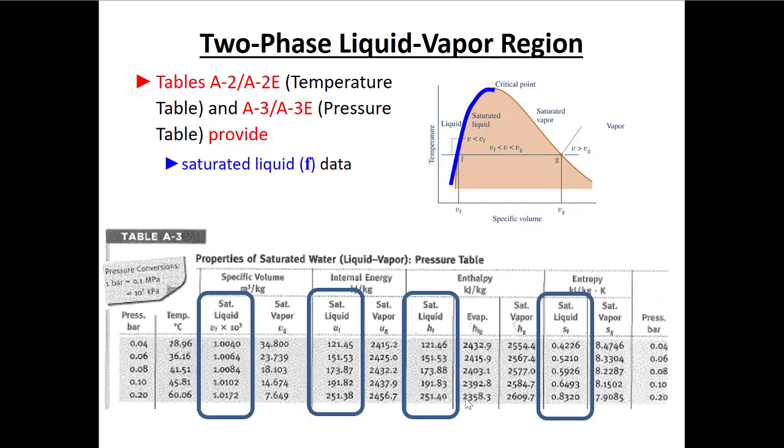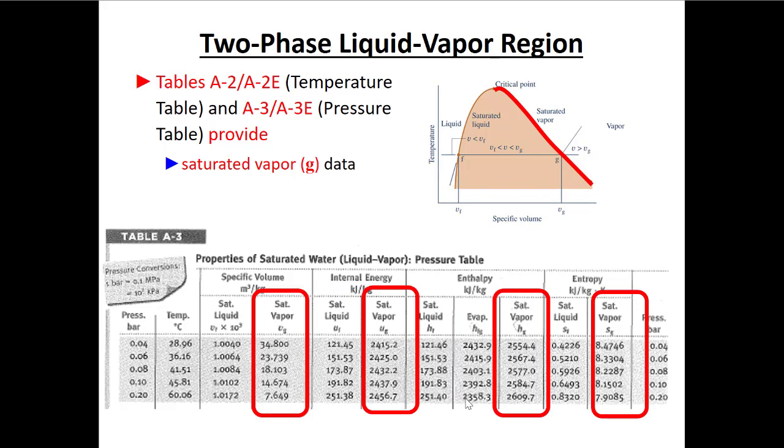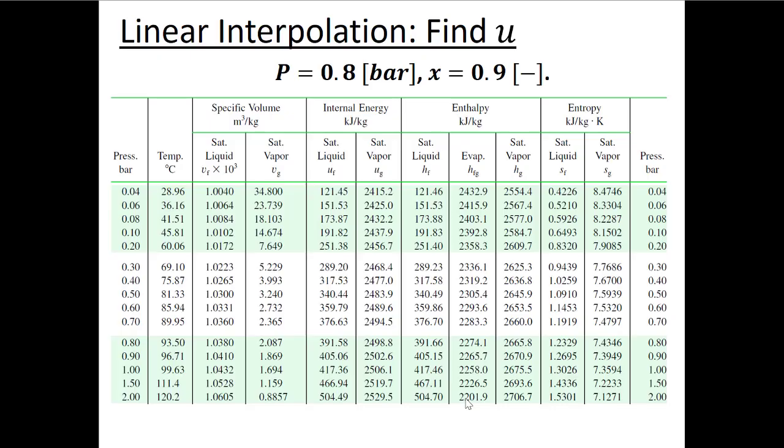Here we have these properties with the subscript f, which means the saturated liquid value, and the same properties with the subscript g, which is the saturated vapor value. We can use this table to find our properties when we have a two-phase mixture.